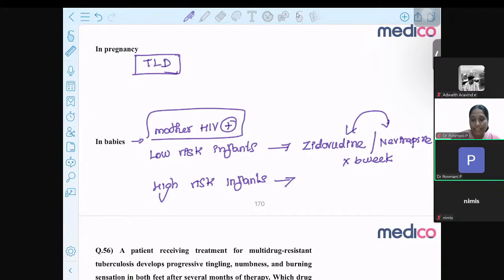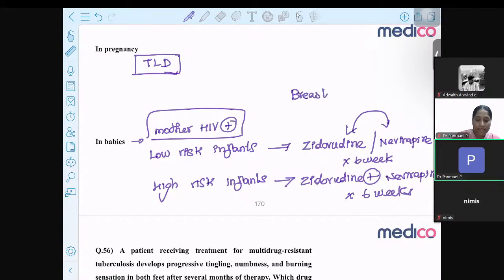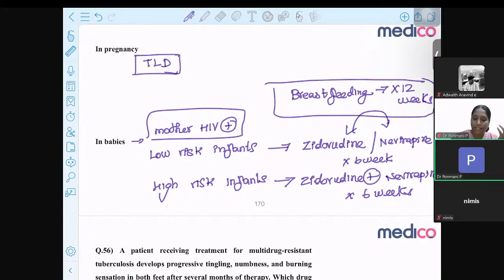Whereas for high-risk infants, it is zidovudine plus nevirapine. Both should be given for the same duration, which is 6 weeks. And if the baby is breastfeeding, please note, breastfeeding is not contraindicated in HIV. Breastfeeding can be done, but cautiously. In case of breastfeeding, the prophylaxis has to be extended to 12 weeks. This is the major difference.